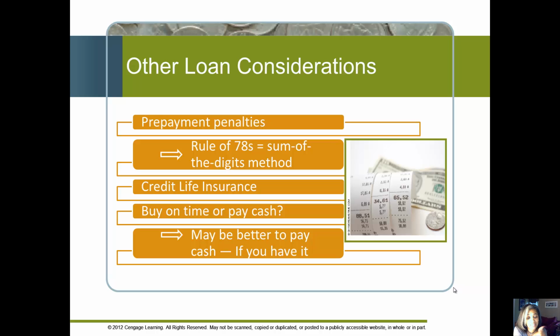Credit life insurance is typically optional, and if you opt in to credit life insurance, then that insurance would kick in and make your payments for you in case you were sick or disabled and couldn't make them yourself. Another question is, am I better off just paying cash instead of taking out a loan to make this purchase?